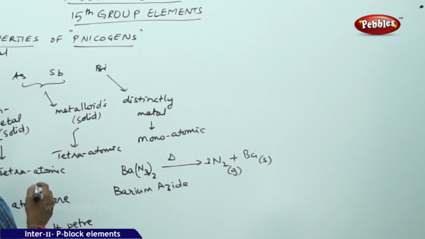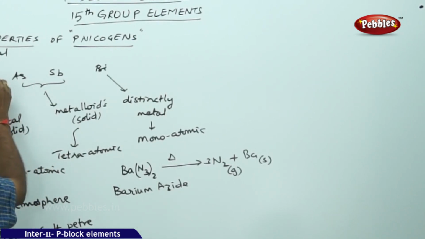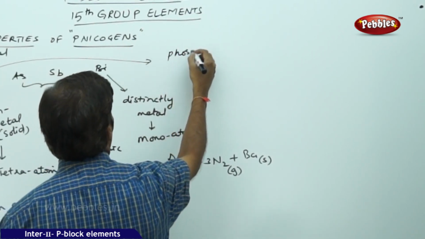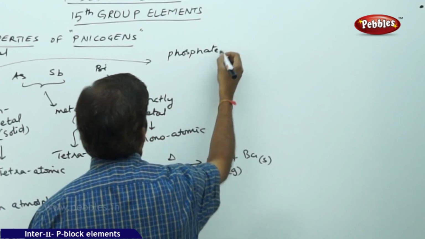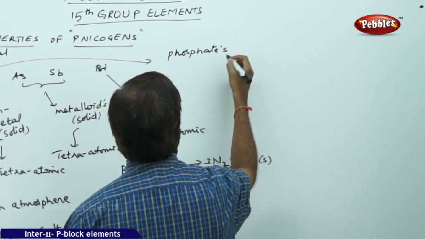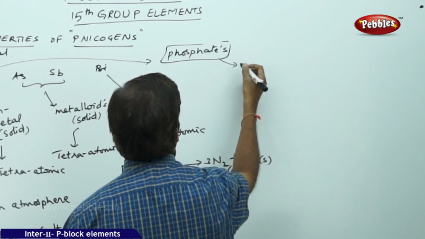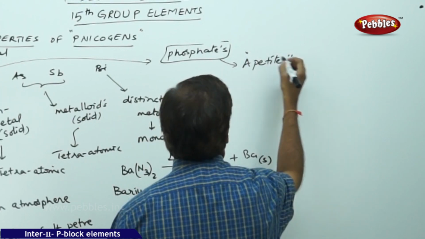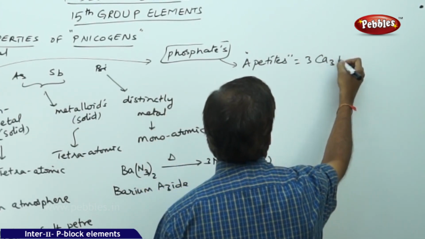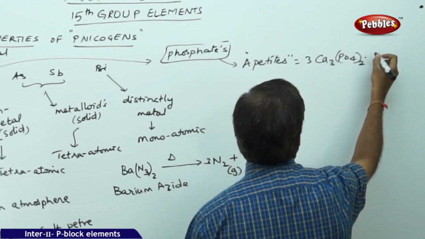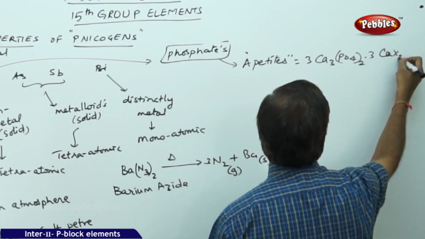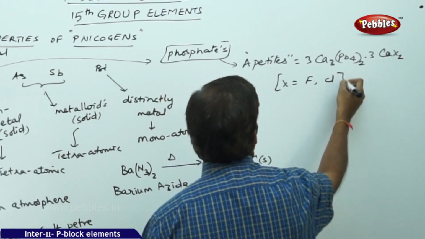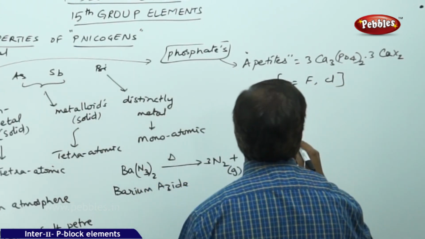If you go for phosphorus, it is available in the form of phosphates, and in the form of fluorapatites and apatites. Apatite is a mineral ore which contains 3Ca3(PO4)2 taken with CaX2. In place of X you can substitute fluorine, chlorine or bromine.